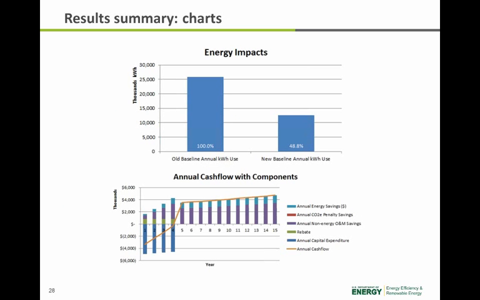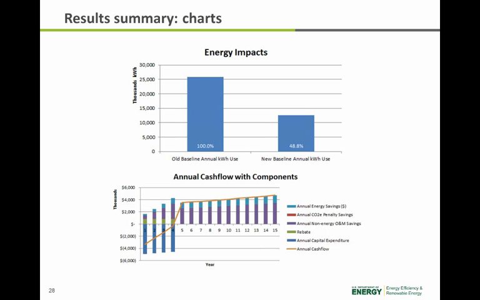Okay, and here's a couple of examples of the charts that are provided. You can see in the first chart here that the LED fixtures knock the energy use down by roughly 50% as compared to the HPS fixtures. And in this second chart, the annual cash flow with components chart, you can see the impacts of the capital costs in the first 4 years. The city took 4 years to implement this street lighting project.